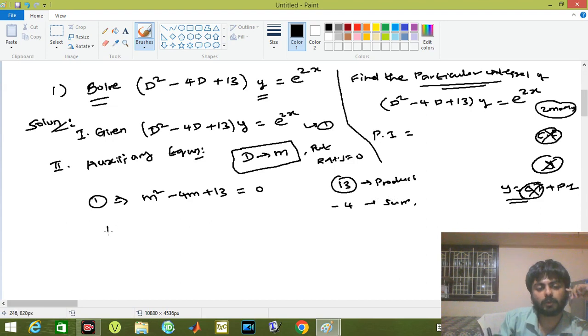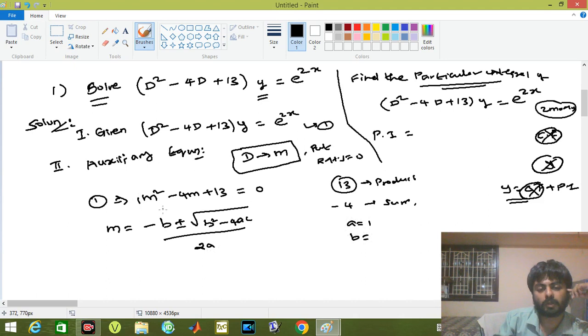So you have to use the formula m equal to minus b plus or minus root of b square minus 4ac divided by 2a. Here a equal to 1, the coefficient is 1, b equal to minus 4 and c equal to 13.